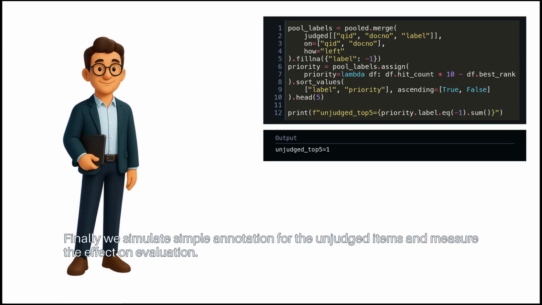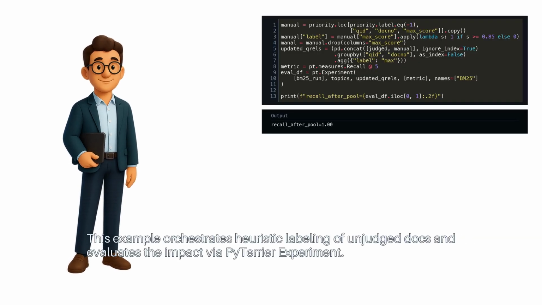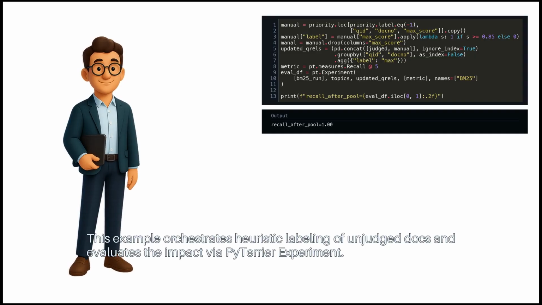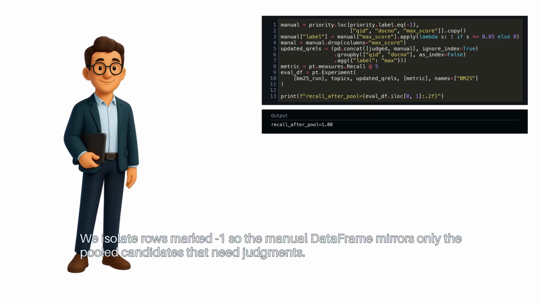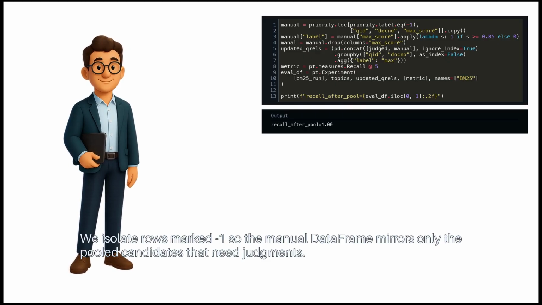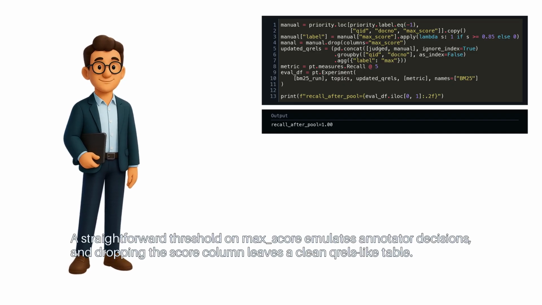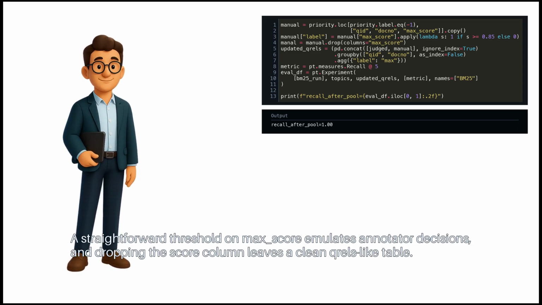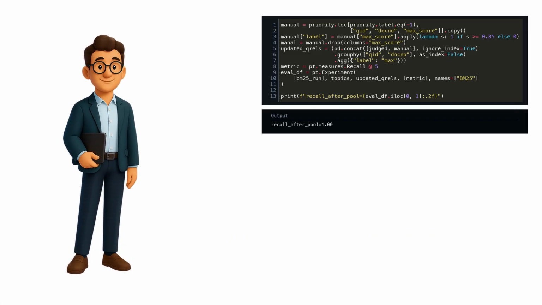Finally, we simulate simple annotation for the unjudged items and measure the effect on evaluation. This example orchestrates heuristic labeling of unjudged docs and evaluates the impact via pt.Experiment. We isolate rows marked -1, so the manual DataFrame mirrors only the pooled candidates that need judgments. A straightforward threshold on max score emulates annotator decisions, and dropping the score column leaves a clean Qrels-like table.